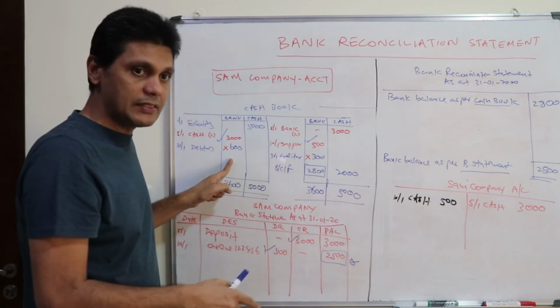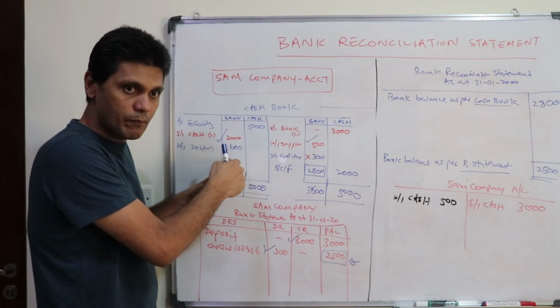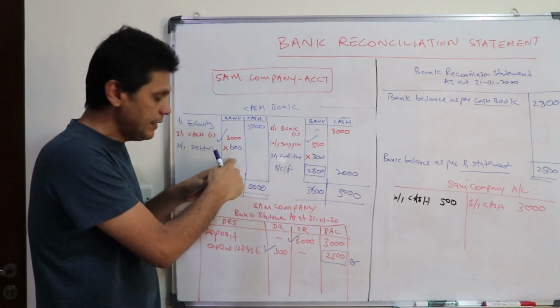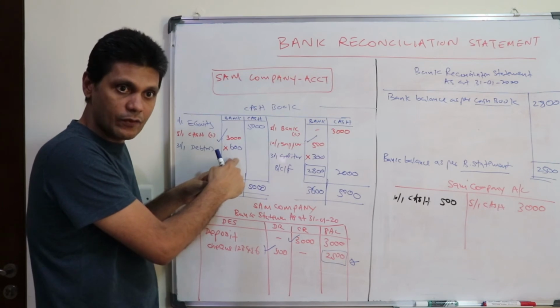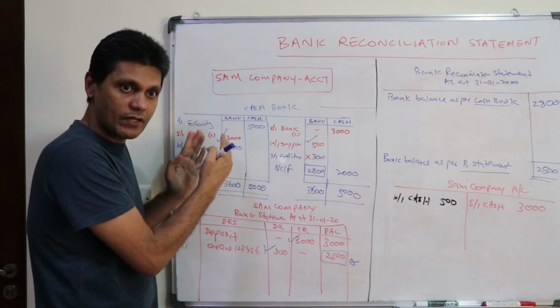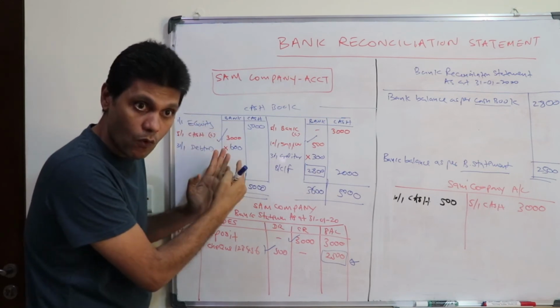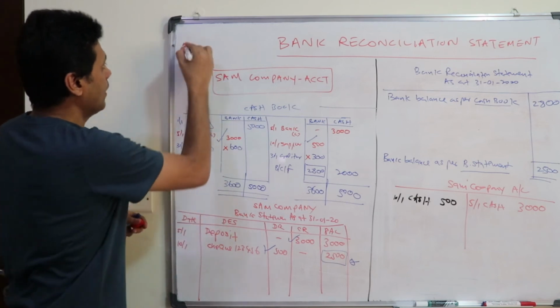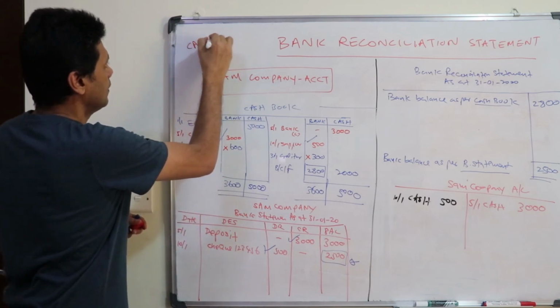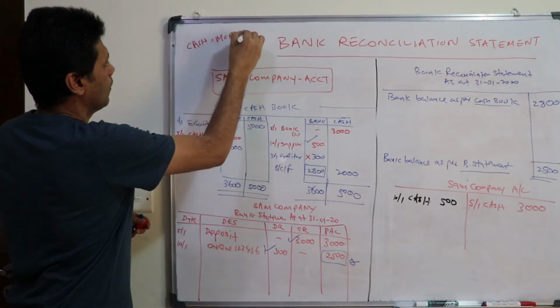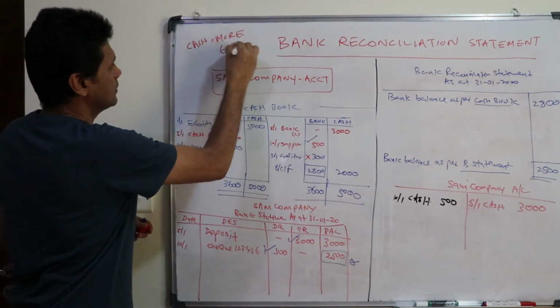So our cash book balance, the amount showing here, is more by 600, no? This balance includes this 600. Our cash book balance is more, by 600.